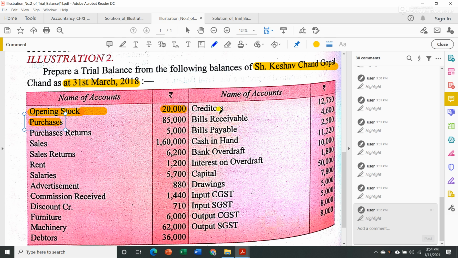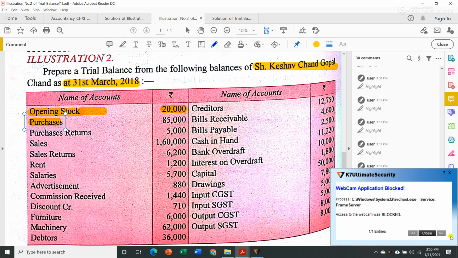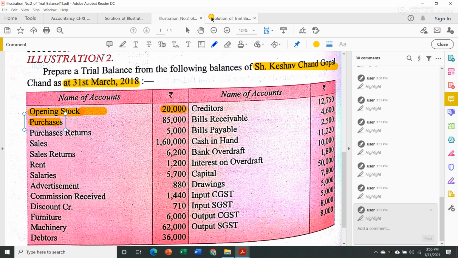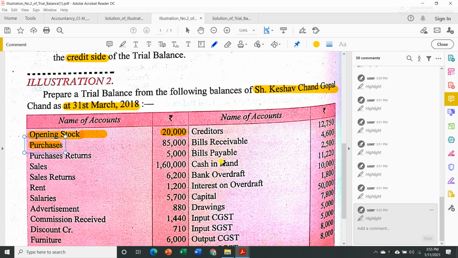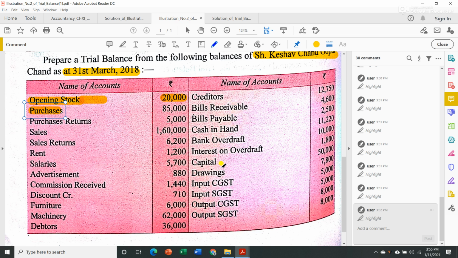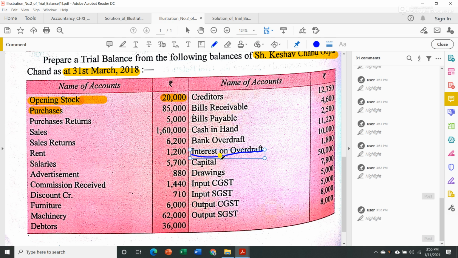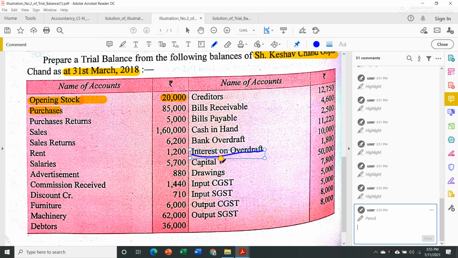I hope you all know till now which one was debit and credit. Now we are talking about interest on overdraft, which means we have to pay interest on our overdraft, so interest on overdraft is our expense. According to that rule, we are supposed to debit it. Then capital always shows a credit balance.